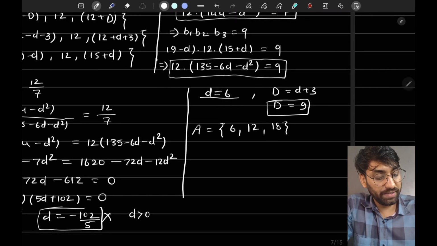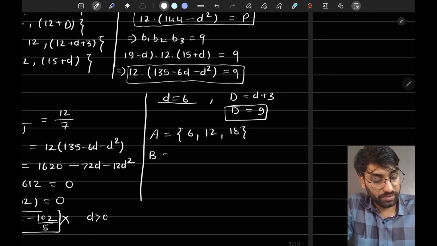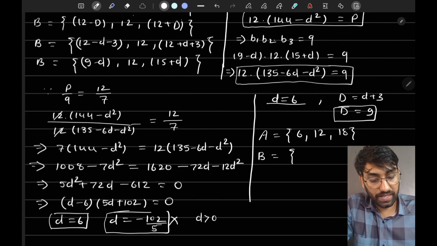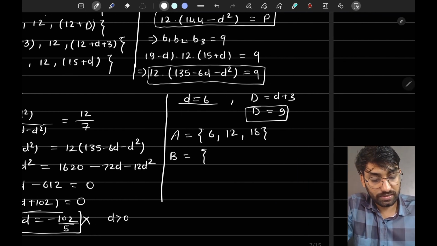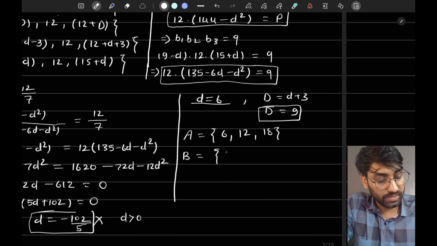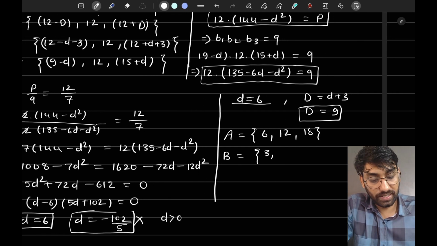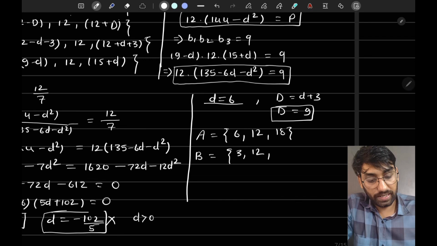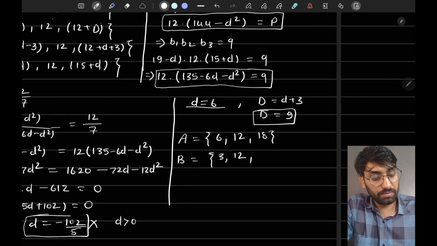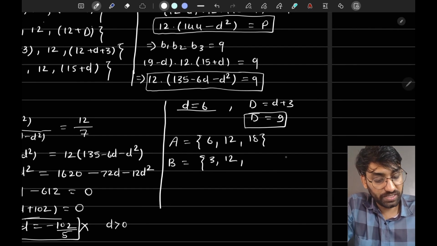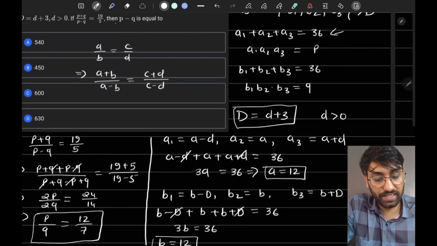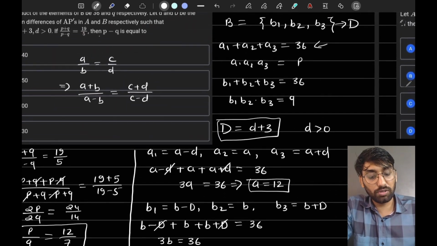Correct? And B will become 9 minus d, that is 9 minus 6, so 3, then 12, and then 15 plus d, that is 15 plus 6, which is 21. So I have A and B. Now what do I need to calculate? They are asking about P minus Q.